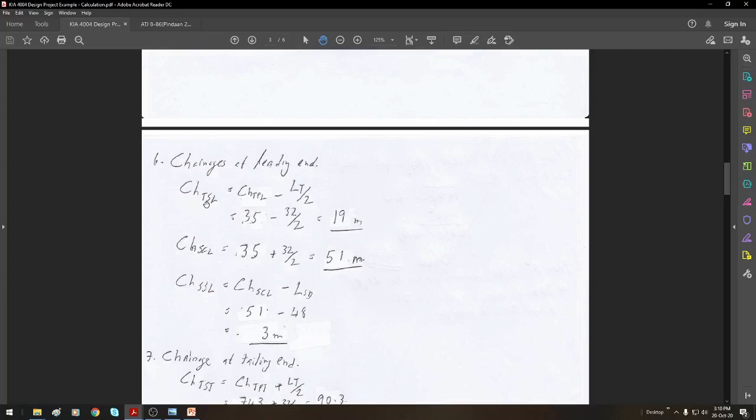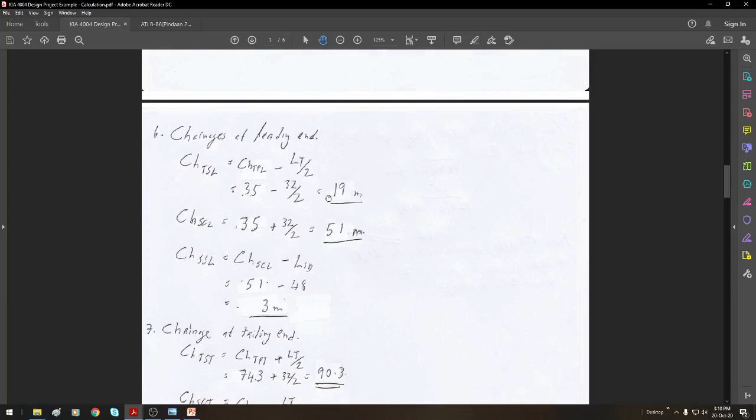So the chainage for TS leading: you get the value from the chainage of the tangent point leading, 35 from the previous calculation, minus half of LT, half of the length of transition. You get 19.